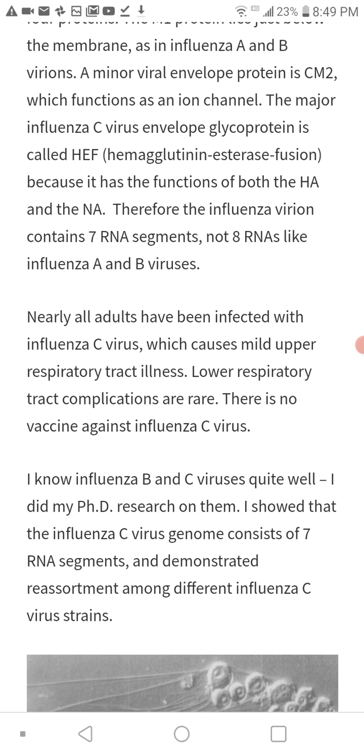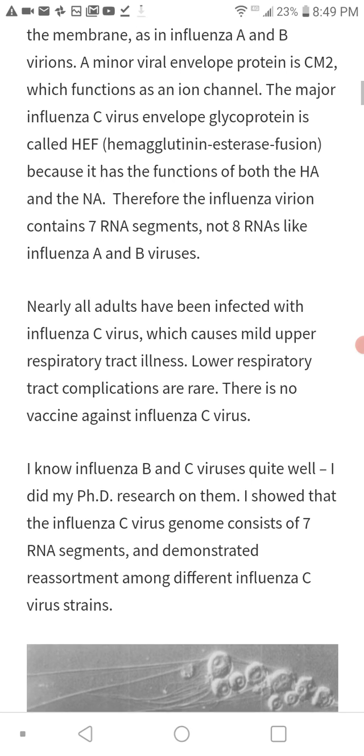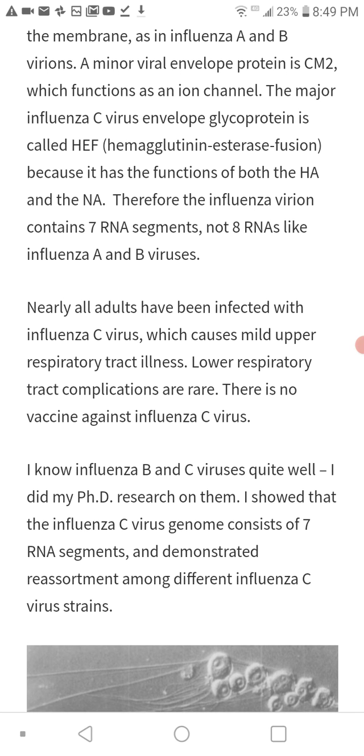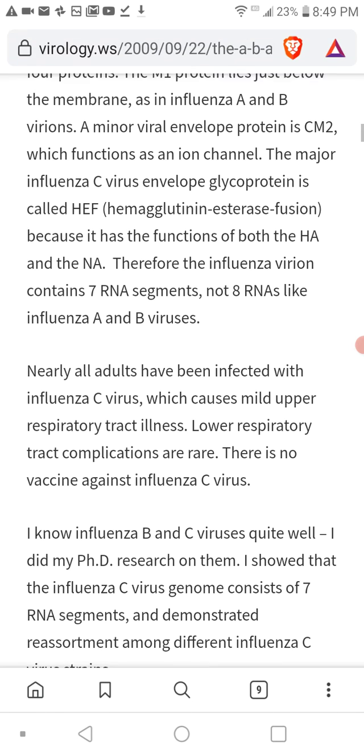I showed that influenza C virus genome consists of 7 RNA segments and demonstrated the reassortment among different influenza C virus strains. And then, so this individual obviously knows what he's speaking about. He says, nearly all adults have been infected with influenza C virus, which causes mild respiratory tract infection. Lower respiratory tract complications are rare. There is no vaccine against influenza C.